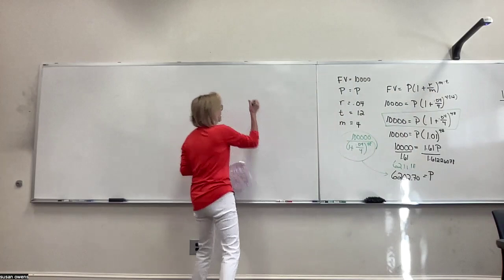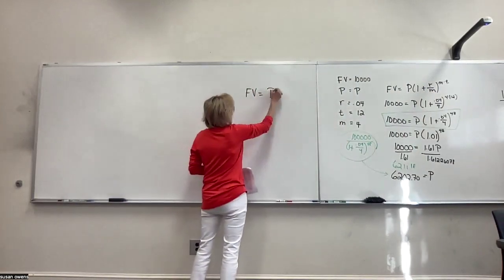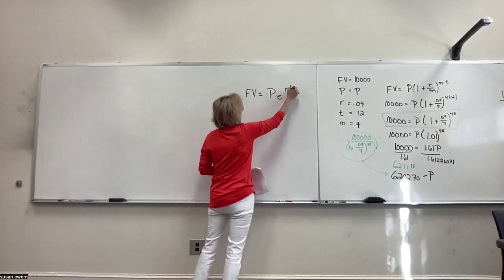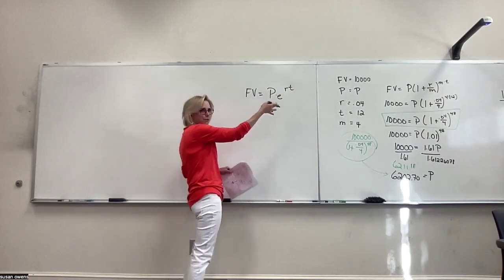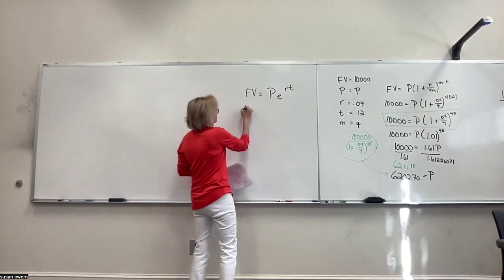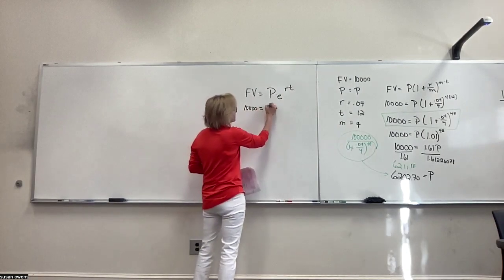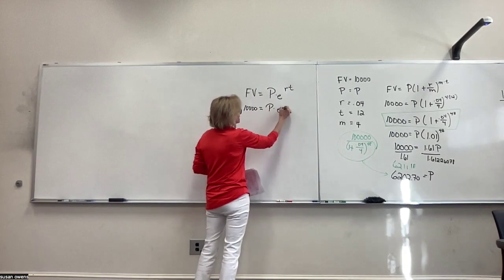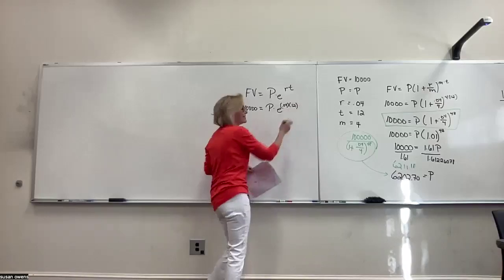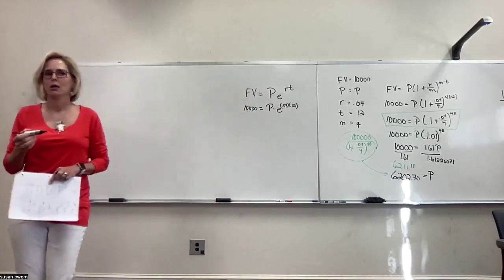So we have future value equal to P times e to the rt power. Again, we don't know what the principal is. So we've got future value, 10,000, is equal to the principal, what we're looking for, times e to the 0.04 times 12. Now that exponent is the 0.04 times 12 in this one, okay?